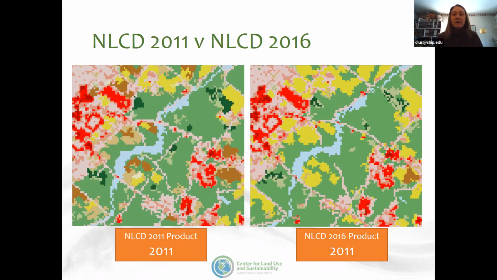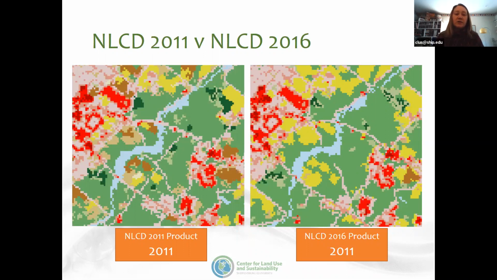And you can see, obviously they look very similar, but there are some places where you'll notice differences in how they map some of the land cover categories. For example, you'll see yellows and browns, there tends to be some differences.